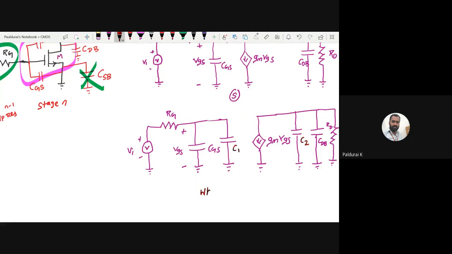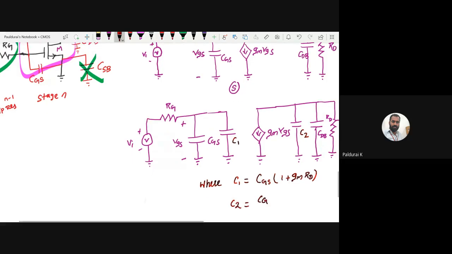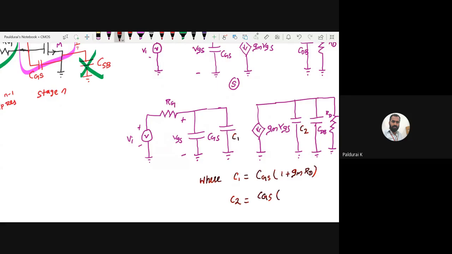By Miller, C1 is CGD multiplied by a factor 1 minus the voltage gain. The voltage gain for this common source is minus GM RD, that you know. Similarly, C2 is CGD multiplied by 1 minus 1 over AV, so 1 plus 1 over GM RD.